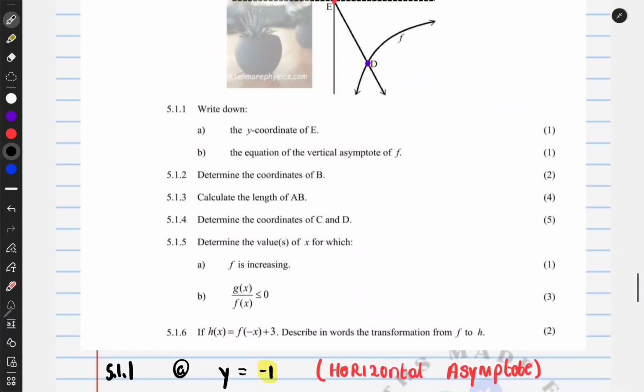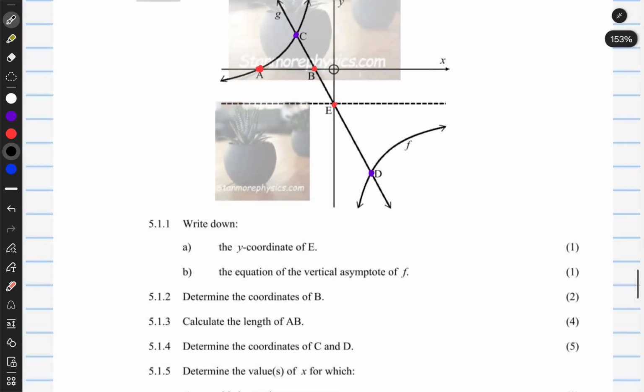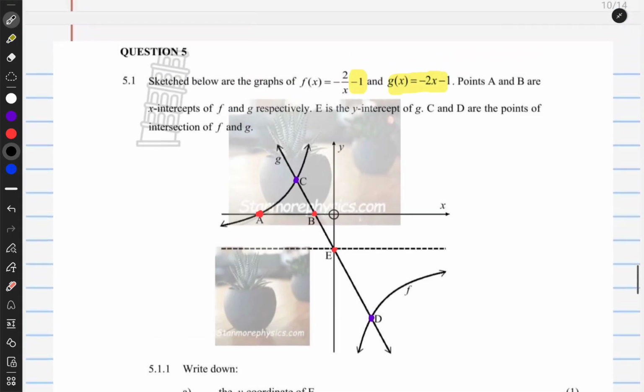Okay, and then from there we'll also determine the coordinates of C and D, and there we have it, the thing that I was referring to at the beginning of this video, that C and D are at the intersection. I think in our statement we're told that C and D are the points of intersection of the two graphs of f and g.